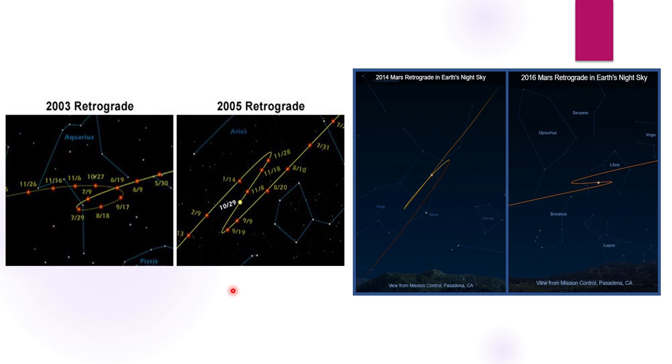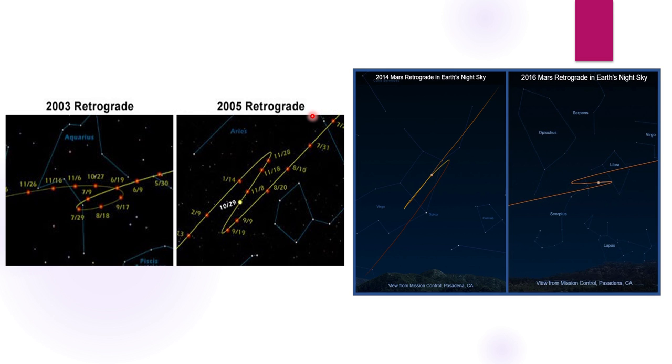If the planets were following Ptolemy's model, then let's say this is the retrograde which is happening, then this movement should repeat itself. But we can see here that these retrogrades are nowhere near this movement, and that is how one can say that Ptolemy's model was wrong.